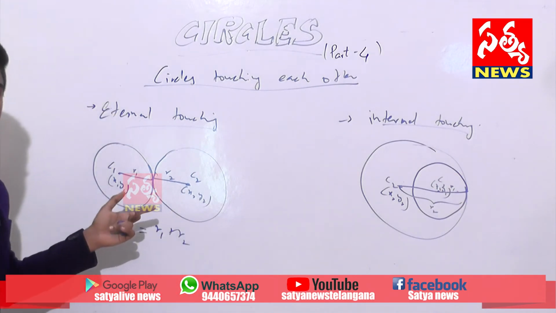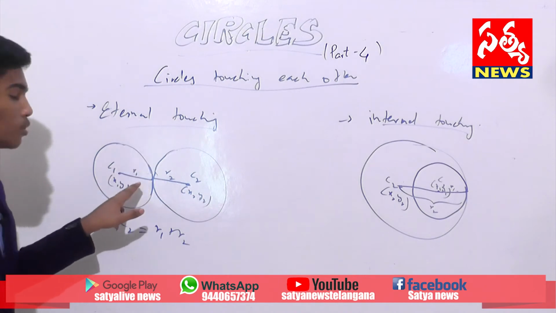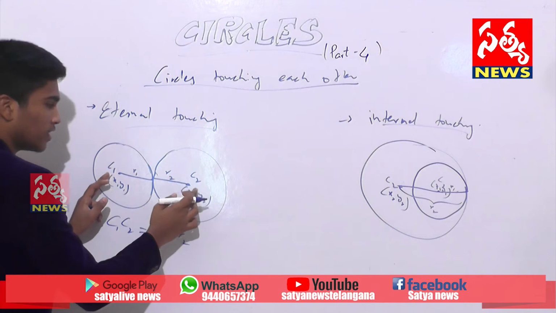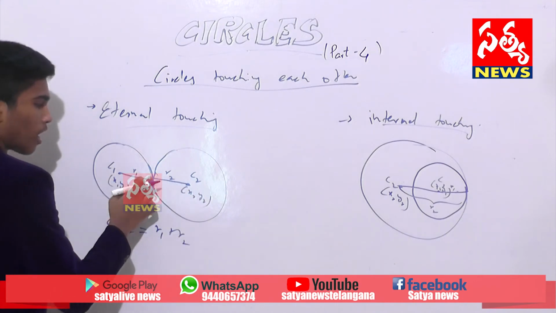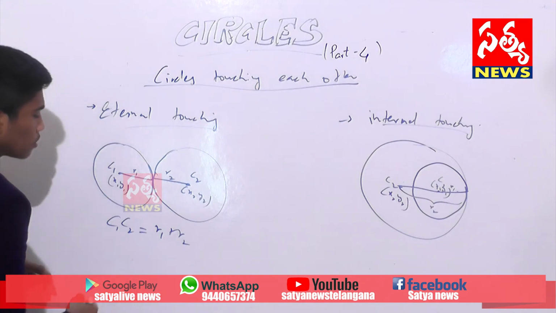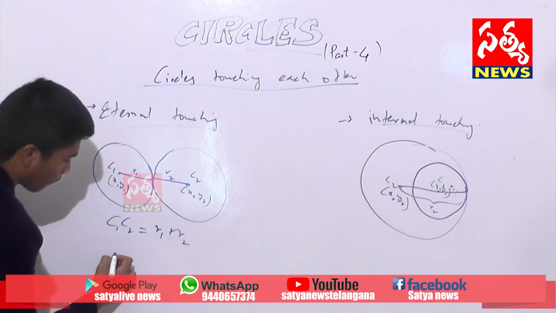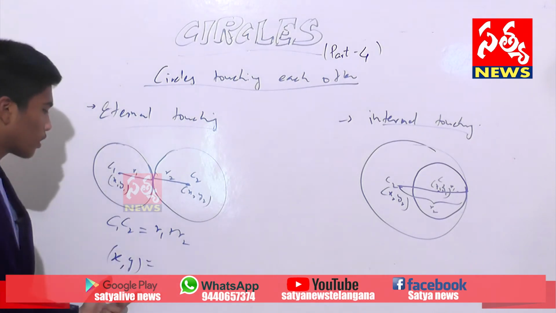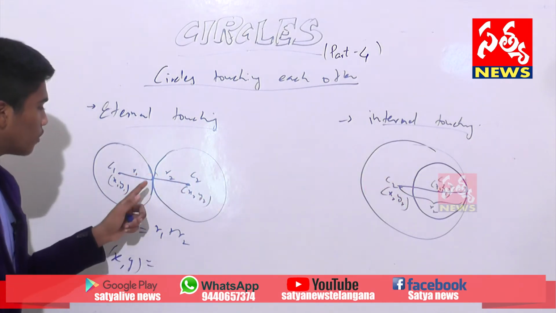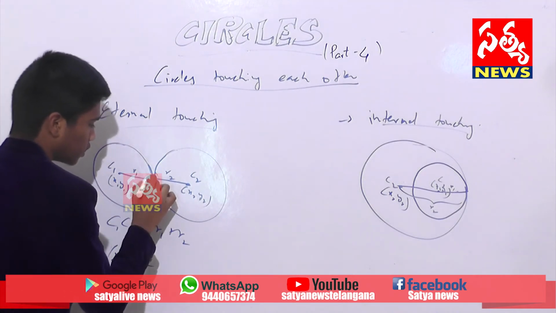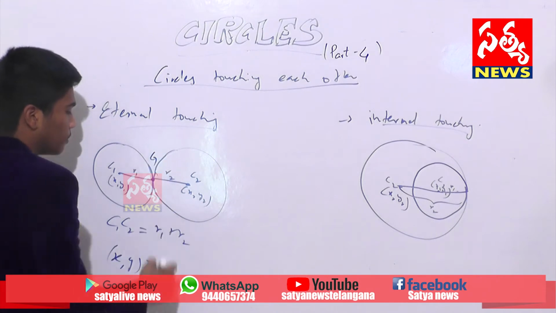Then only it is said that these two circles are touching externally. And here x, y are the points where these two circles touch each other, which means this point. Let's mark it as G.